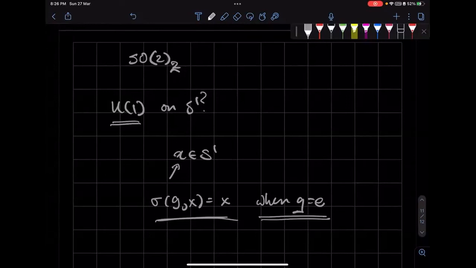So there are non-trivial elements of SO(2), which, exactly, yeah. It has to be for all the elements. Sorry, it has to be for all the points. That's what I mean. It has to be for all the points on the manifold, right?